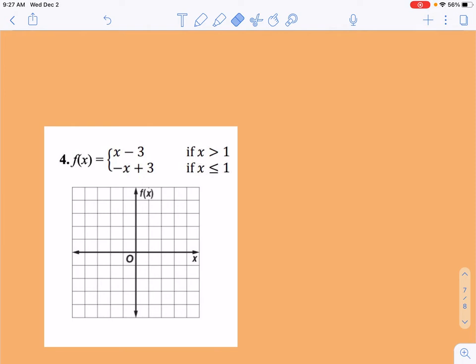So this first one, they're saying that f of x is comprised of both of these functions. The way we read this is, one part of the function is this line right here, x minus 3. So right now, let's completely ignore the rest of this, and let's just plot the line x minus 3.